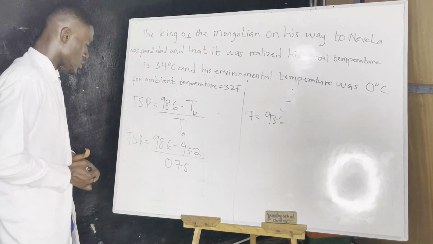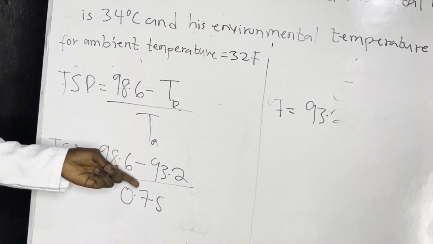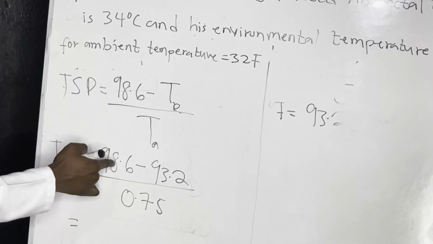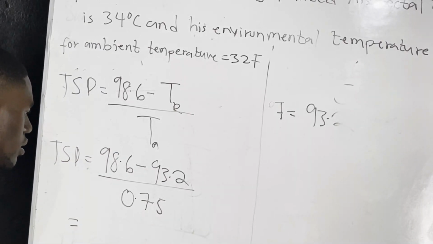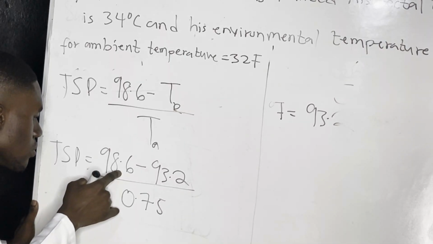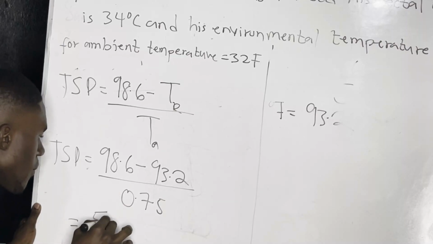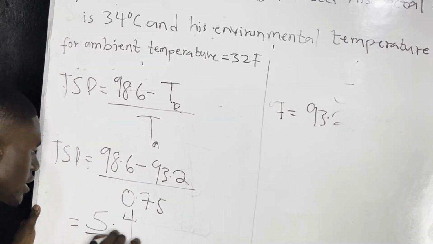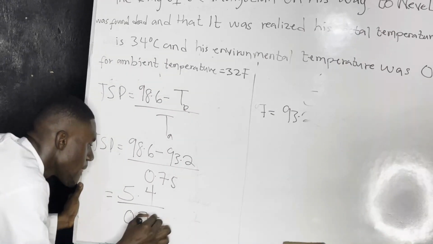So we subtract 98.6 minus 93.2, so that we get 5.4, divided by 0.75.